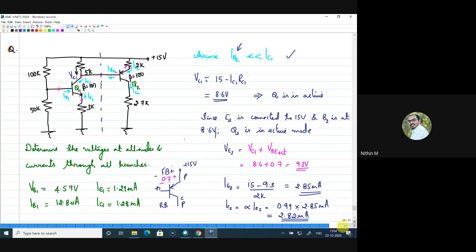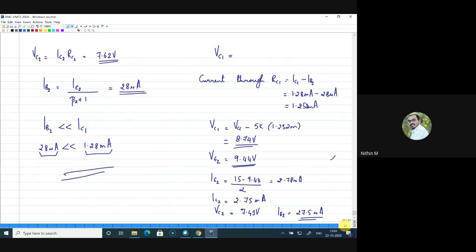Now let me explain that with respect to the device itself. This is your emitter, this is the base, and this is the collector, right? The transistor itself is made in such a way that the emitter will be heavily doped, the base will be thin and lightly doped, and the collector will be moderately doped.